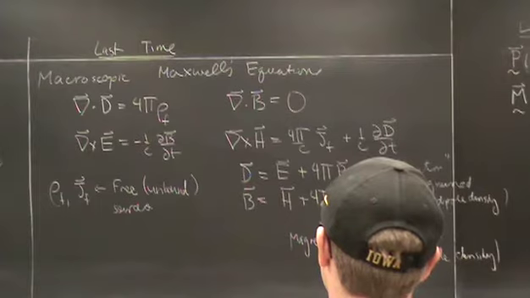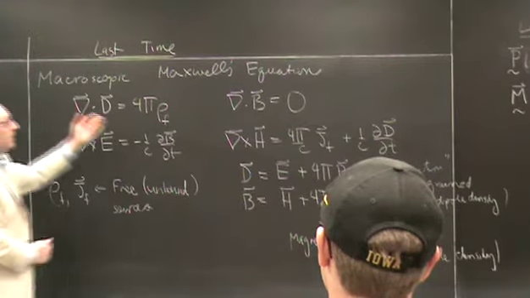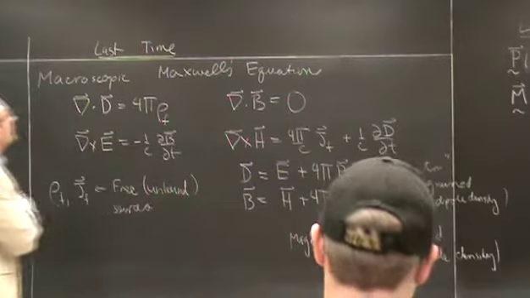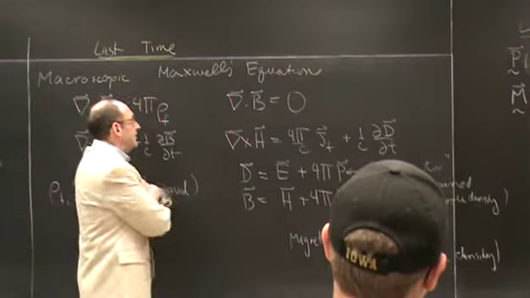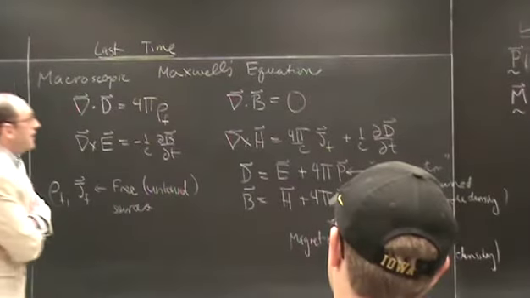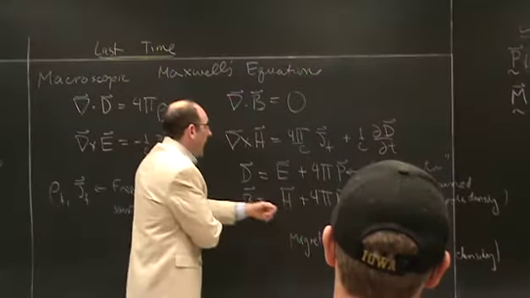And when we do that, what we found is that Maxwell's equations could be written this way, with a modification of Gauss's law and Ampere's law, where we introduce the displacement field D and the auxiliary magnetic field H.